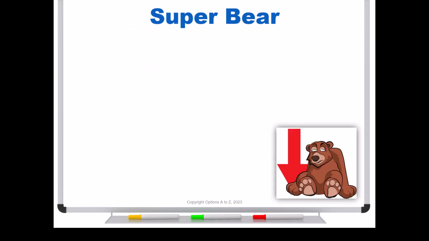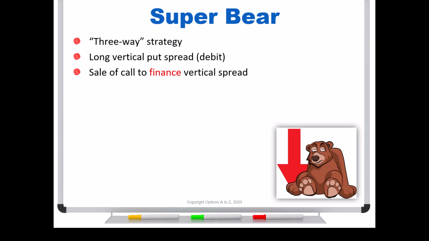So the super bear strategy, just like the Super Bull, is more commonly known as a three-way strategy. And for the bear version, you would normally construct it by buying a long vertical put spread. Because you're buying it, it's a debit spread. And then you will also assist that strategy with the sale of a call to finance the vertical spread, or at least to offset the cost.